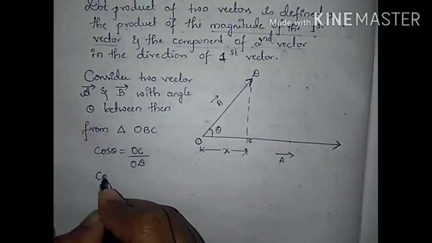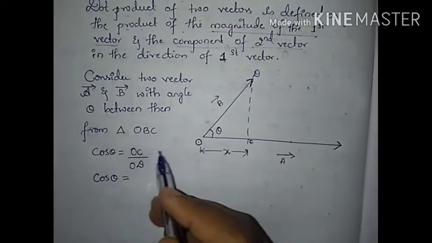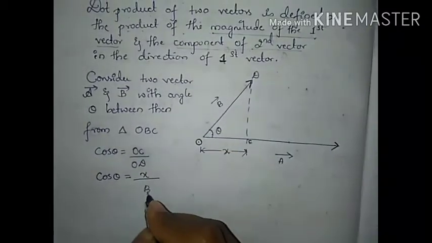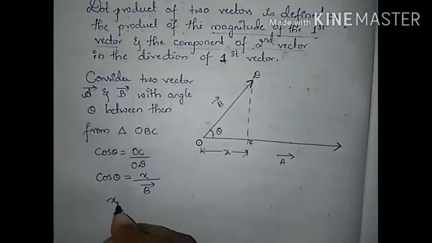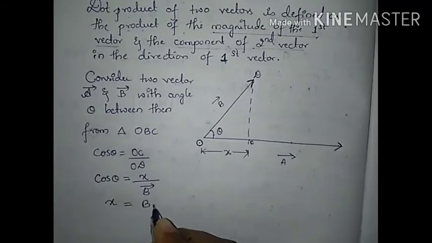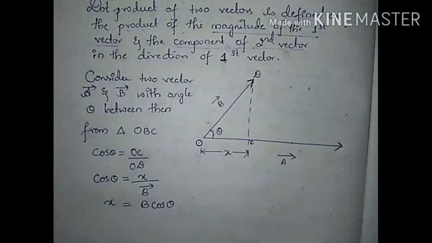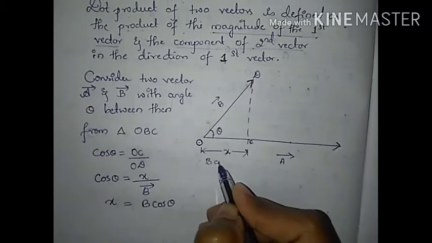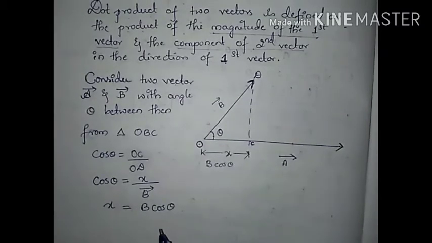Now cos theta will be, OC is x, OD is vector B. So x is equal to B cos theta. So x here is B cos theta. So we found x.